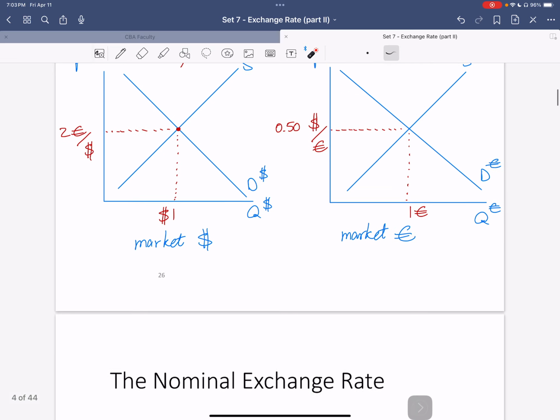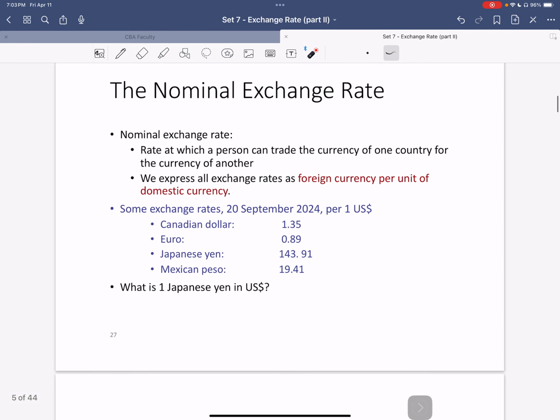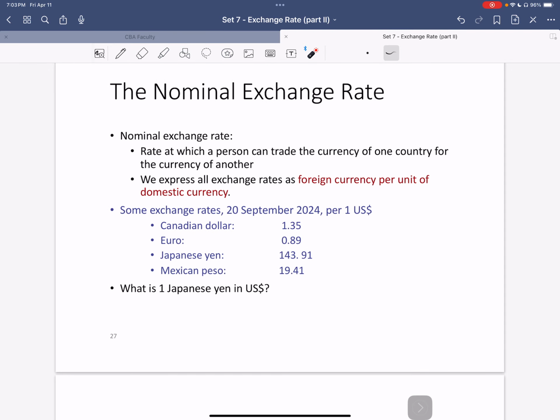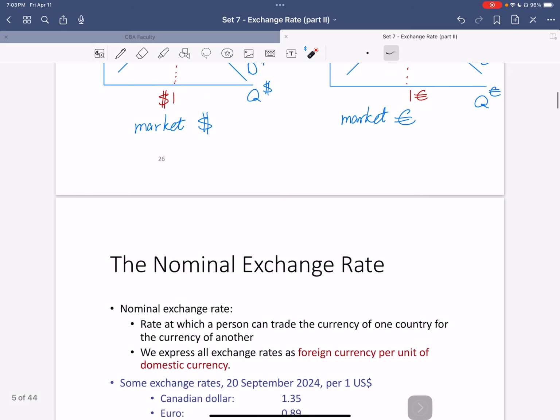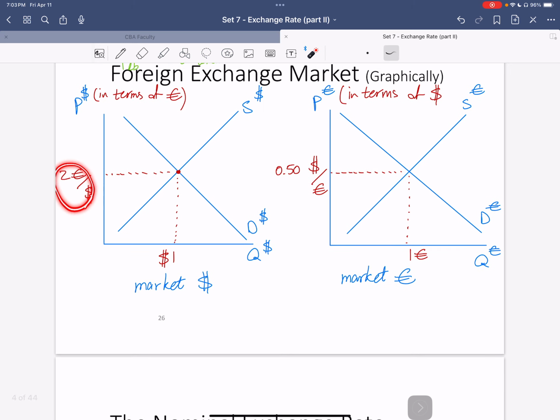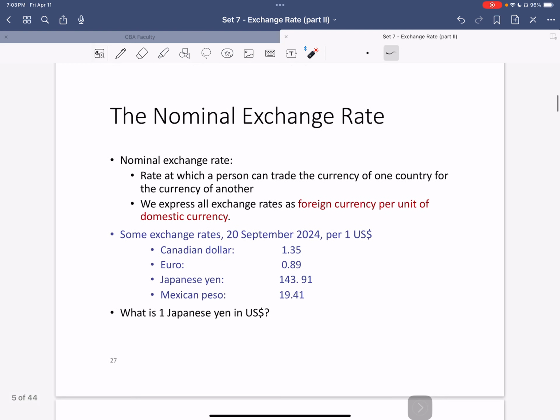All right. Now let's look at different types of exchange rates. As I said earlier, we have nominal exchange rate and a real exchange rate. So whatever you see in the market, that is the nominal exchange rate. We are living in the nominal world.